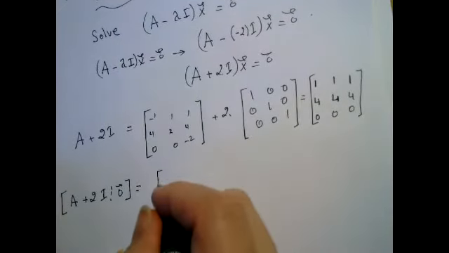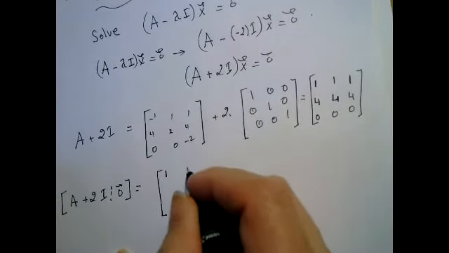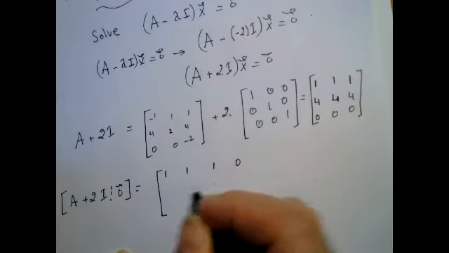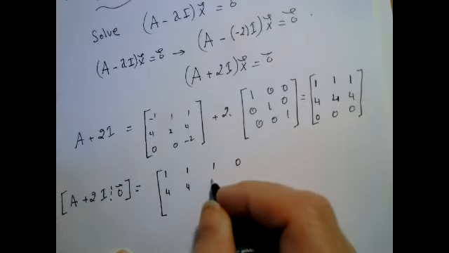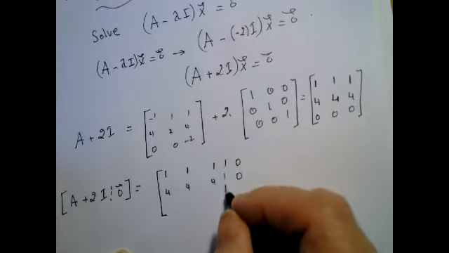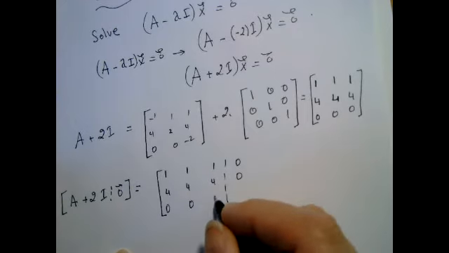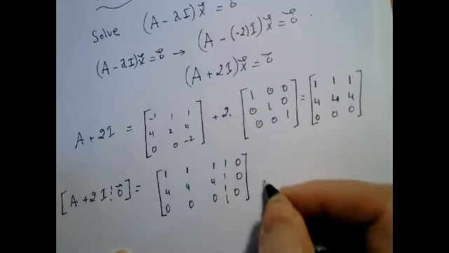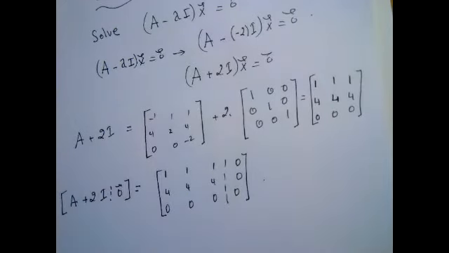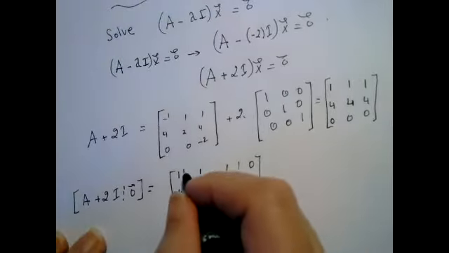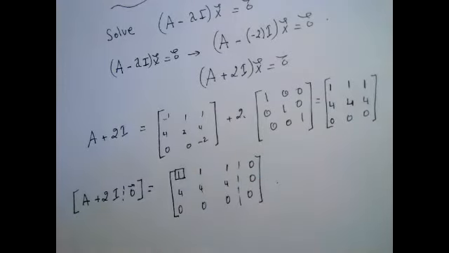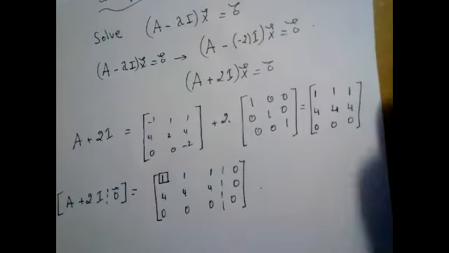So this is equal to the augmented matrix with rows 1, 1, 1, 0; 4, 4, 4, 0; 0, 0, 0, 0. Now we're solving the way we've always solved a system. I have to go to the echelon form. I have a 1 in here, and I have to make everything under it 0.